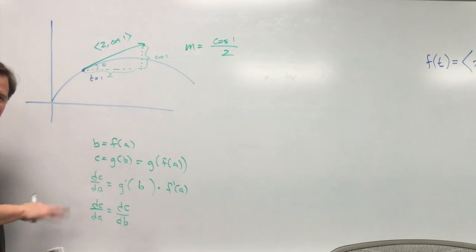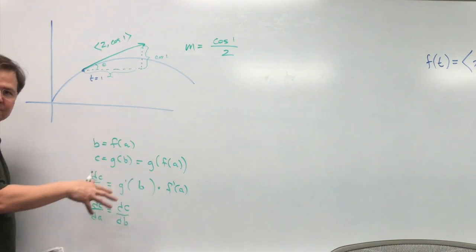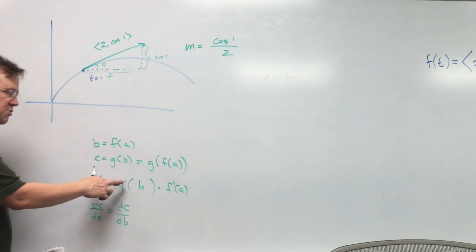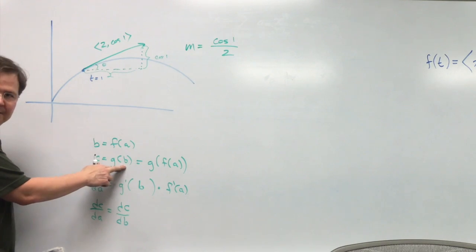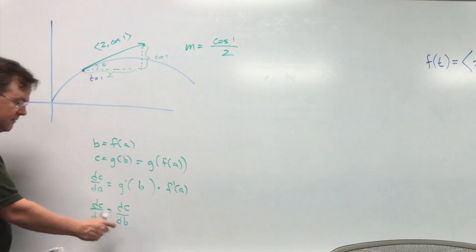The prime is kind of vague. I don't like the prime notation, especially when you have functions of different variables floating around. Is that the derivative with respect to a or with respect to b? This notation is much more clear on that point.